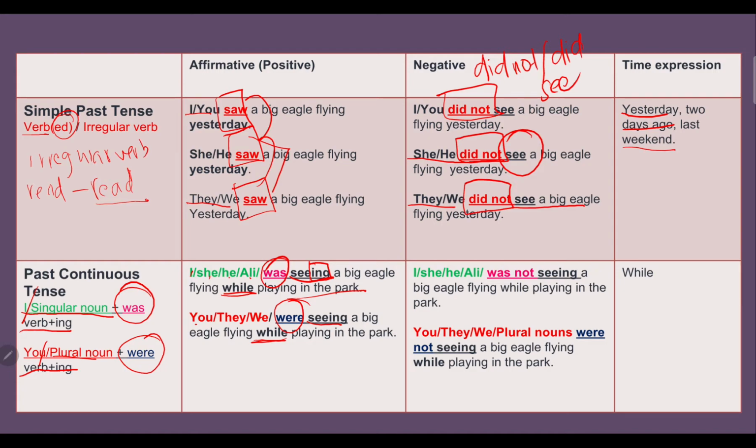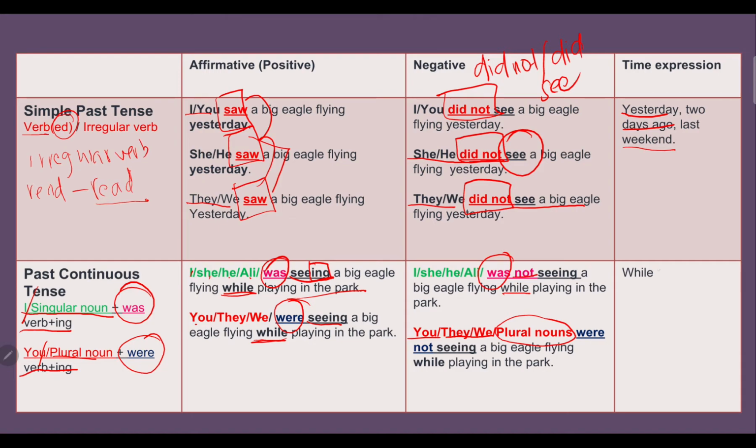So let's take a look at the negative. I, she, he, Ali was not seeing a big eagle flying while playing in the park. You, they, or other plural nouns were not seeing a big eagle flying while playing yesterday.